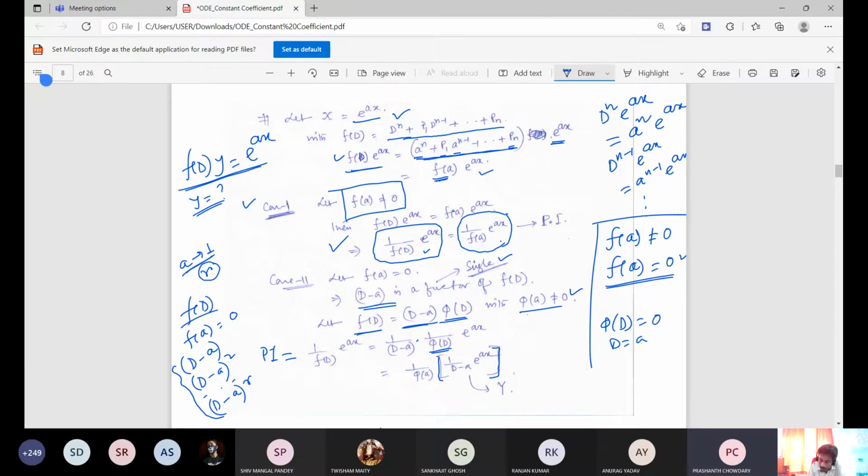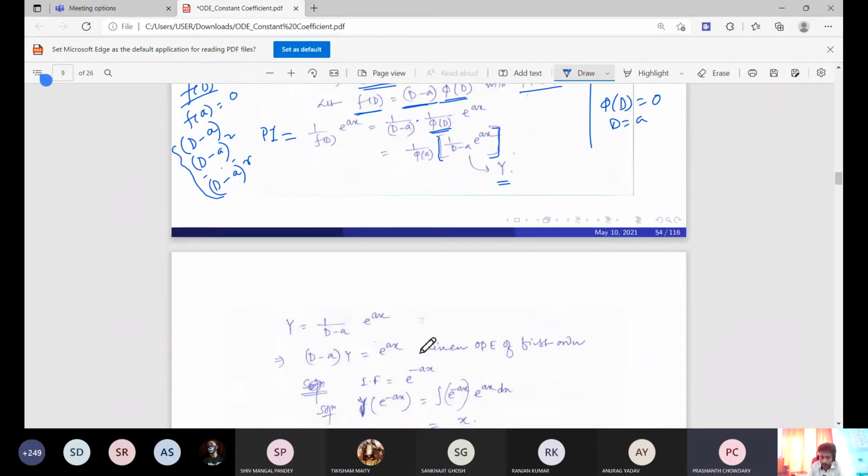Let us denote it by a new term, capital Y. So 1/(D − a) e^(ax) we are considering as capital Y. Now we'll find the value of 1/(D − a) e^(ax). Once we are done with this term inside the third bracket, we can simply find the particular integral.